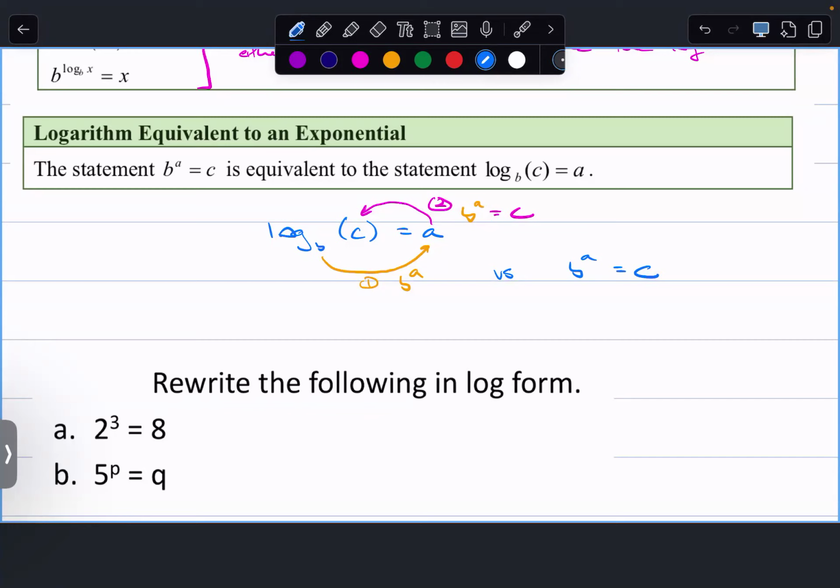And so what do I do here? I usually just write it out this way and then I go in reverse, right? c is inside, a is the power, and b is the base. And so that is equivalent to log base b of c is equal to a.